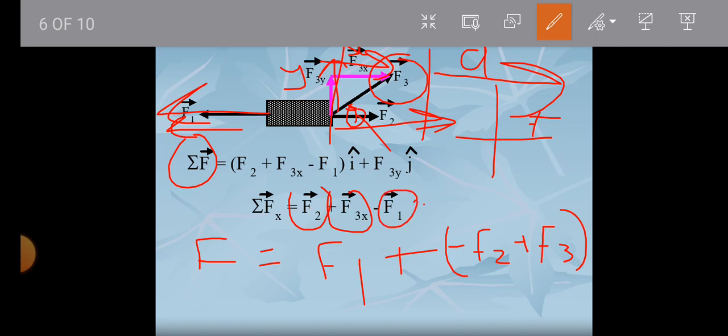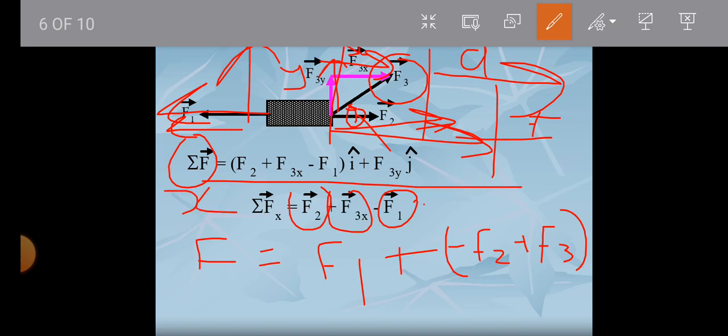But we need to know that there are two types of forces in F3 or direction. We have forces which are acting in the x-axis and forces which are acting on the y-axis. So for us to find the summation of the force, we are going to take account of two directions, the x-axis, then the y-axis.